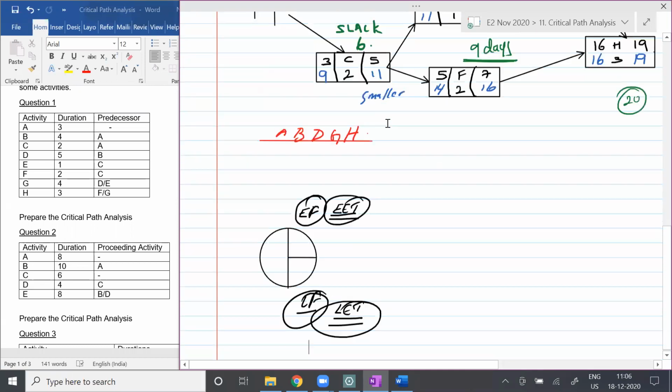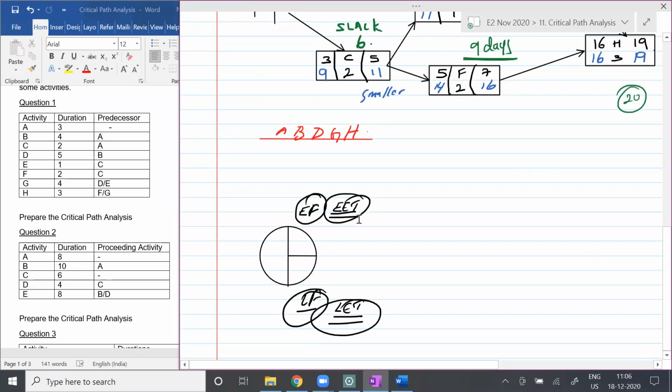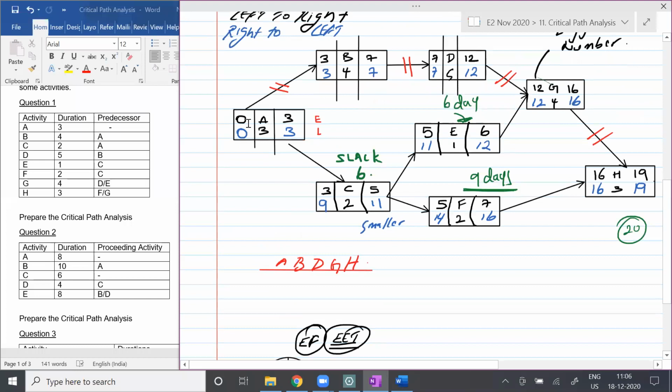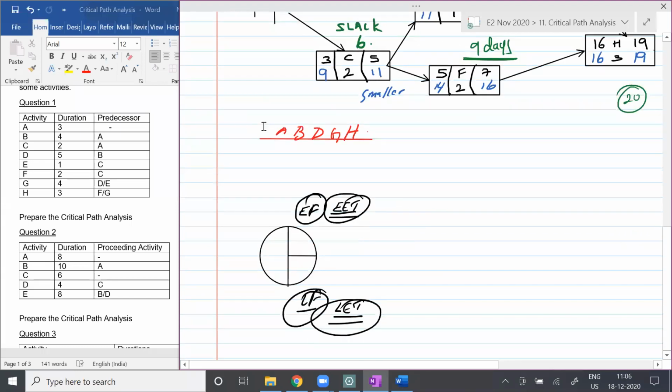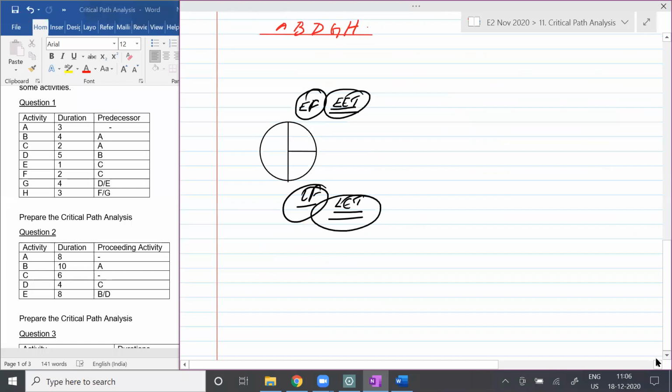So now, students, here this 0 is represented in one box. But here 0 will be represented separately in a node. You get what I'm saying, students? So here we need to have a small note.